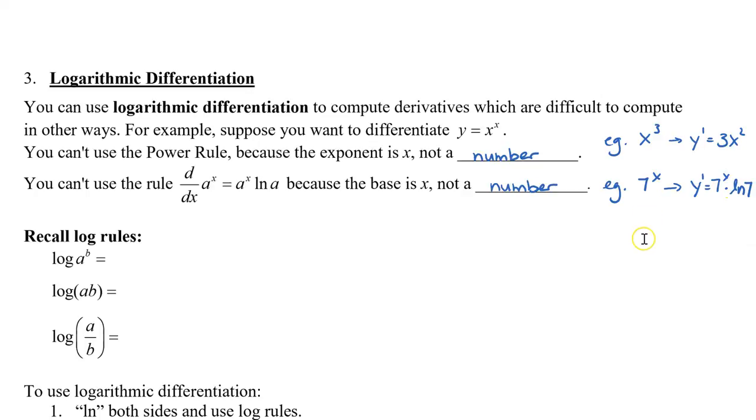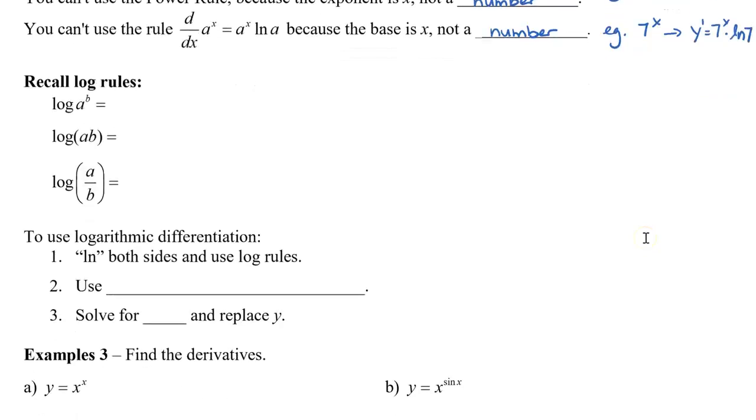Okay, so I'm going to show you how to do logarithmic differentiation. But before I do that, we need to go over some log rules. The first one is the power rule. This is where we have log of a to the power of b. We can take that exponent and move it to the front, so this gives us b times log a. The next one is our multiplication rule.